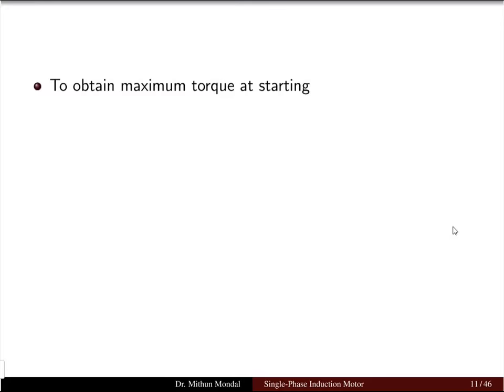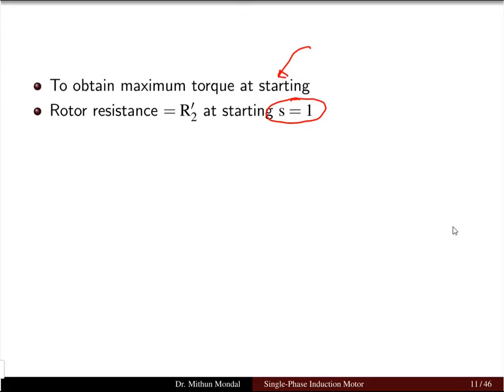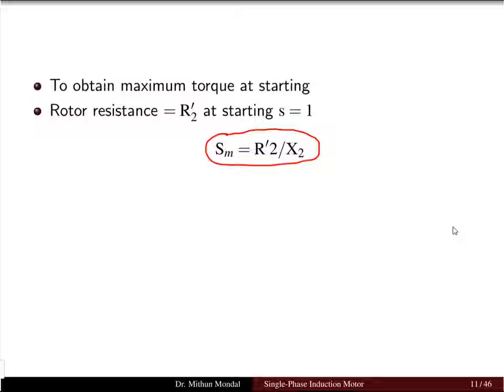Now we have to obtain the maximum torque at the starting condition, where the slip value is 1. So what is the rotor resistance at the starting condition? We can use again that Sm is the ratio of rotor resistance by rotor reactance.